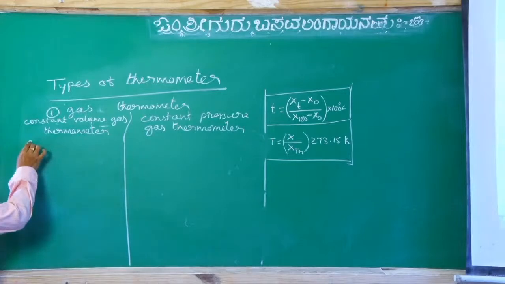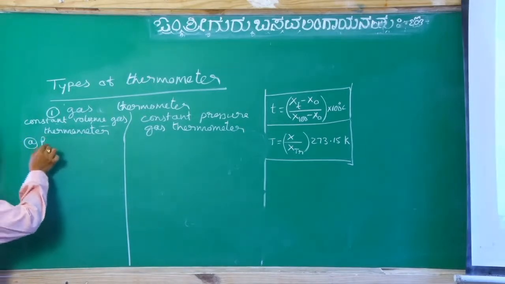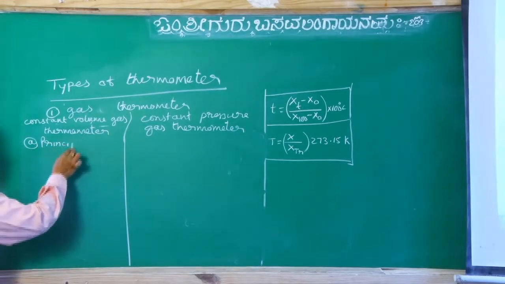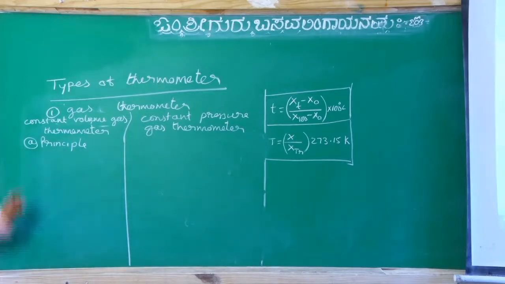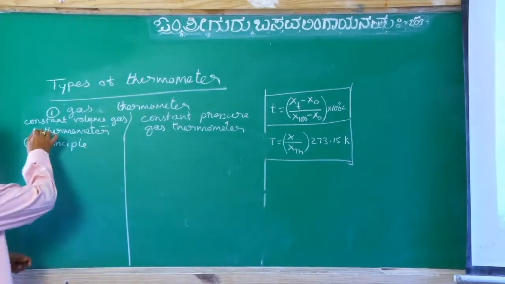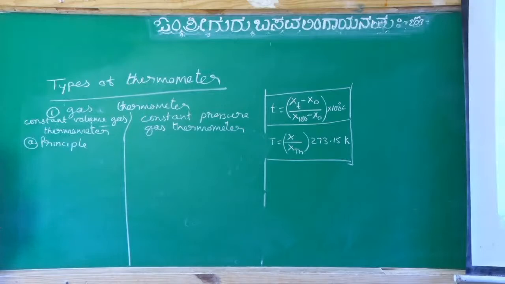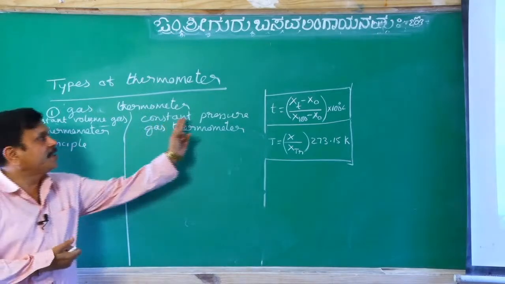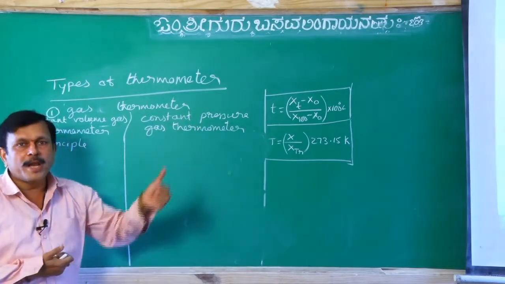Now, here again the principle is what? If we take a gas and heat it, then what will happen? If we keep volume constant, then pressure will increase. If we keep pressure constant, volume will increase.